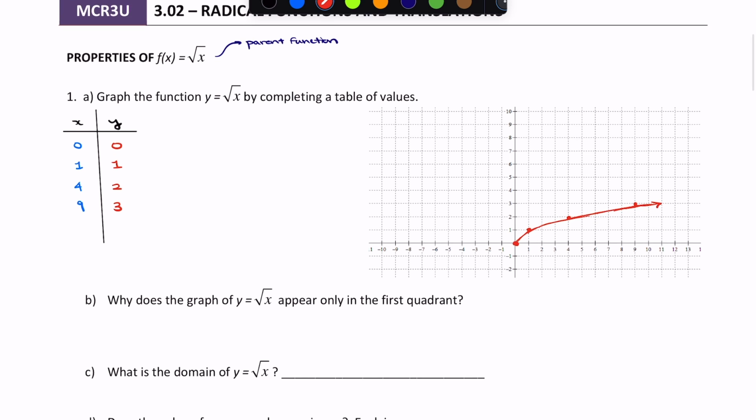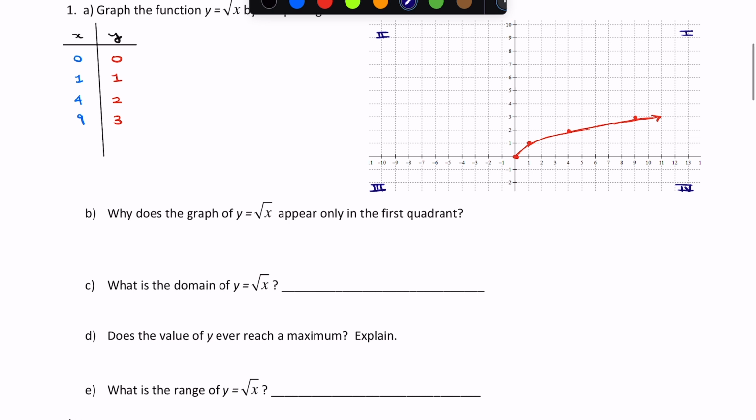Here it says, why does the graph y is equal to square root x appear only in the first quadrant? Remember, if we look at the quadrants, quadrant 1 starts on the top right and then moves counterclockwise. So that's quadrant 1, quadrant 2, quadrant 3, and quadrant 4. Again, why does the graph of y is equal to square root x appear only in the first quadrant?